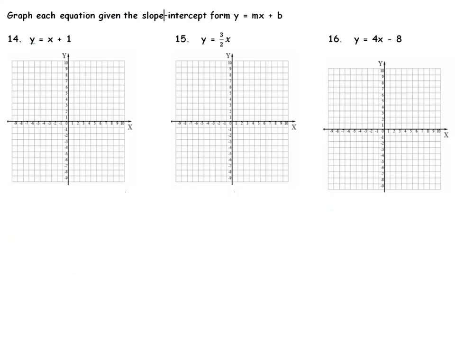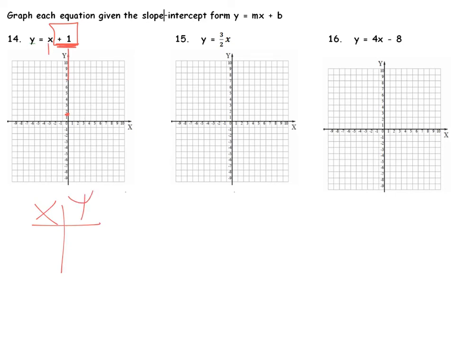Now we get to do my favorite thing. We get to plot graphs from an equation. Right away, I'm going to look at this last number because that tells me where my line crosses the y-axis. It crosses at plus 1, so I'm going to put a point there right away. Now I'm going to plug in a couple values.